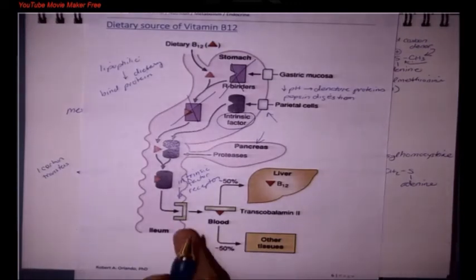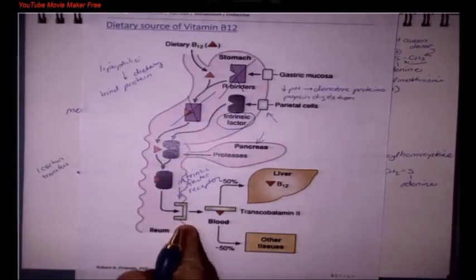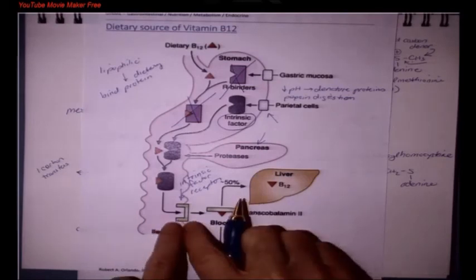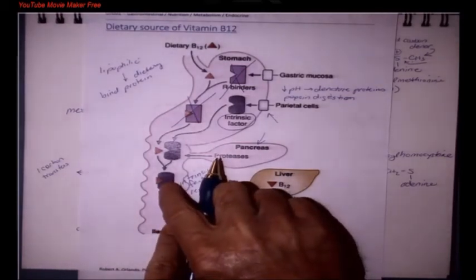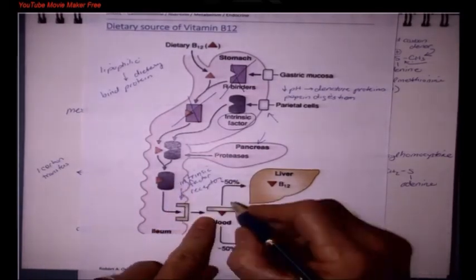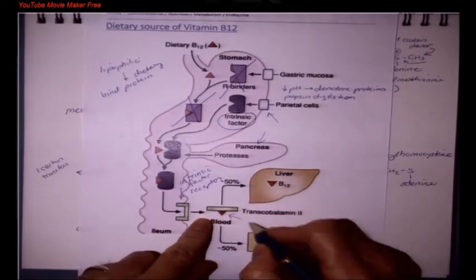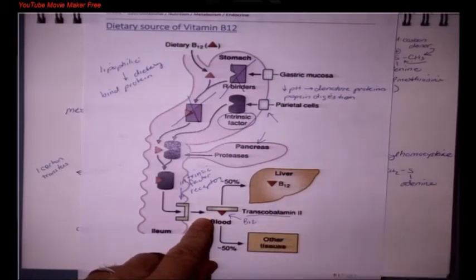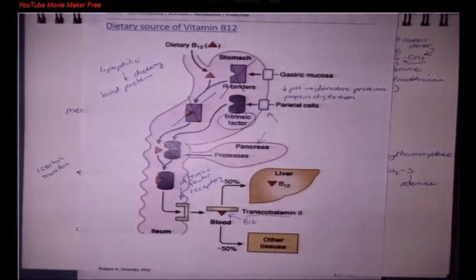So the intestinal enterocyte binds this, internalizes it. It then degrades the intrinsic factor and transfers the B12 onto its carrier in the blood, which is called transcobalamin. That's the carrier for B12 in the blood. From there, it's distributed to all tissues that need B12, which all tissues do.